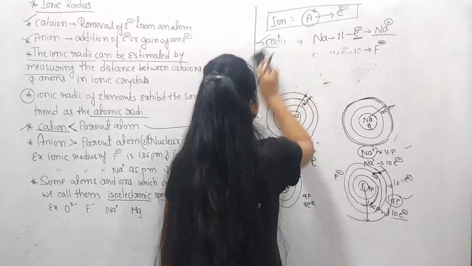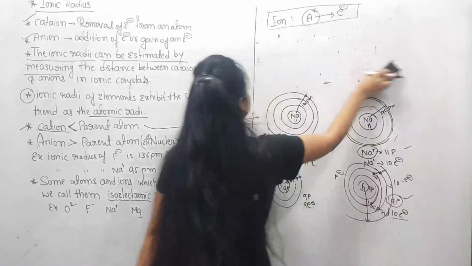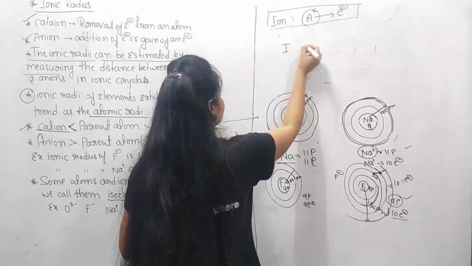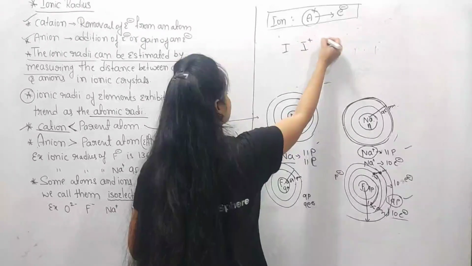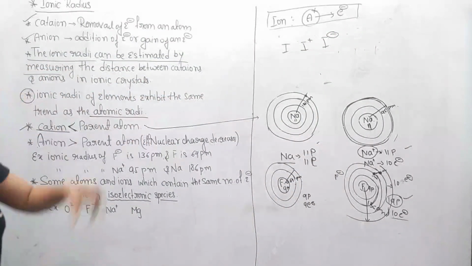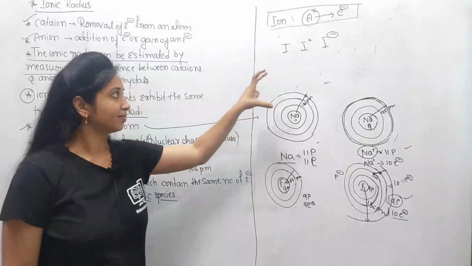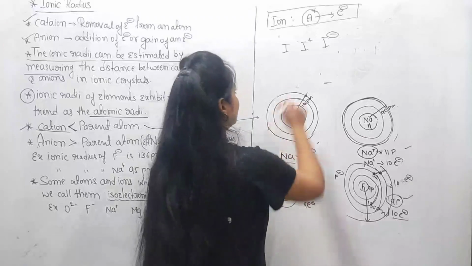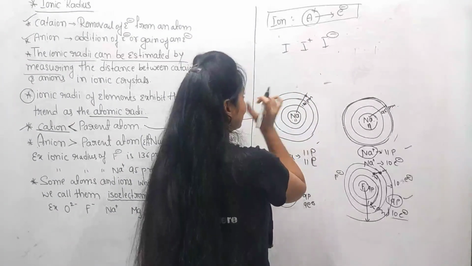If they ask a question like this, iodine, cation and anion, according to their ionic radii and atomic radius, arrange them in decreasing order.